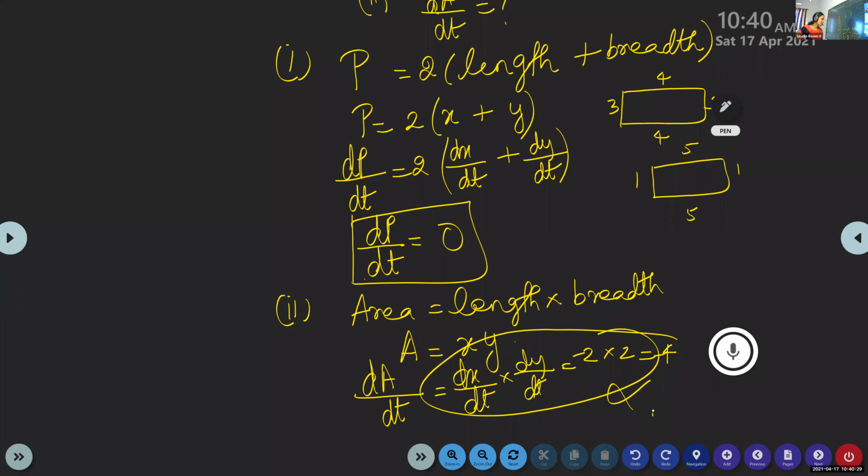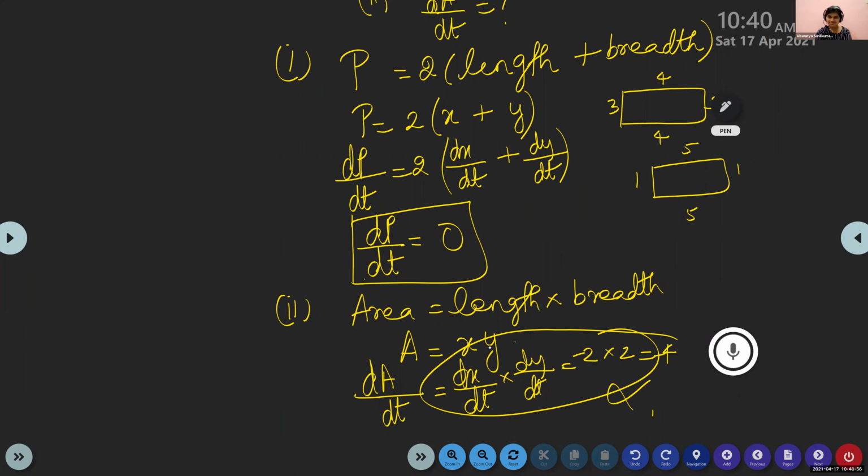Look here, how are x and y connected? Is it x plus y, x minus y, x into y, or x by y? It is x into y, isn't it? It is a product. Then for differentiating, what do you have to do?